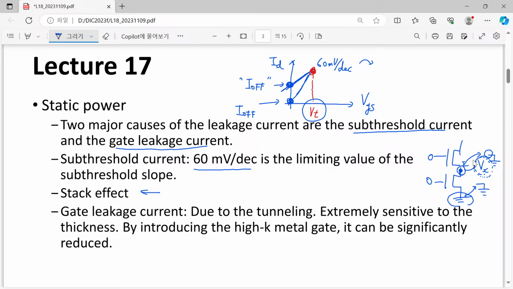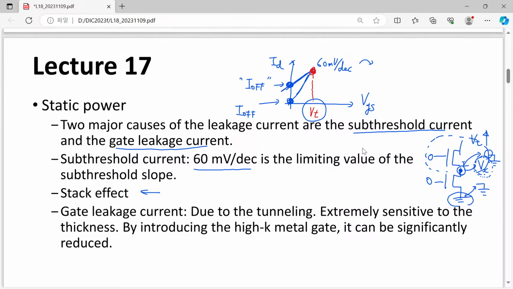Negative voltage is applied to our substrate relative to the source. In this case, we can expect an increase of our transistor threshold voltage. So now this transistor has a higher threshold voltage, and that's the reason why we have a reduction of subthreshold current.